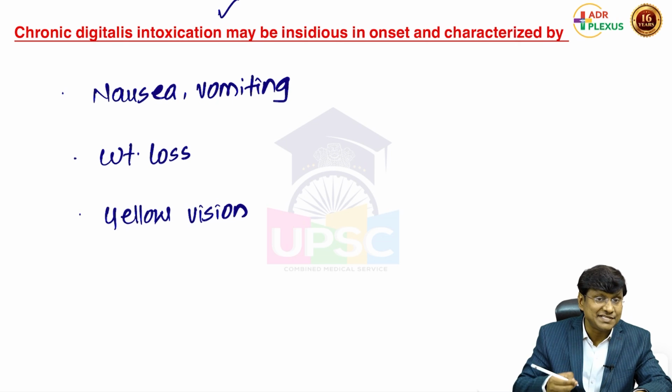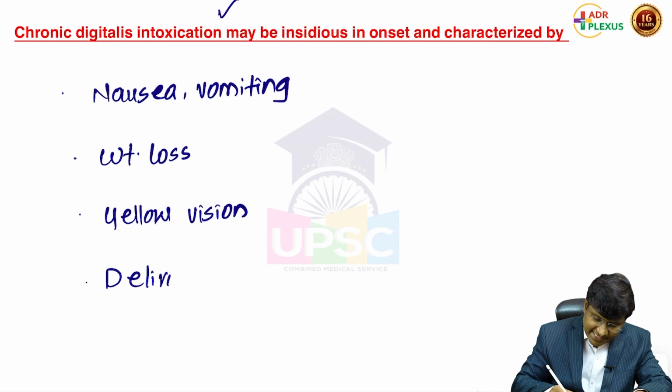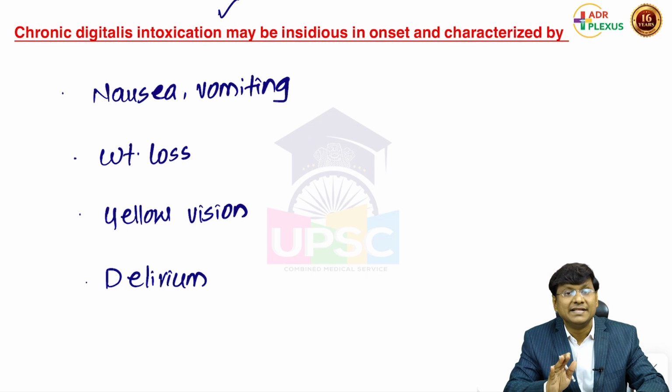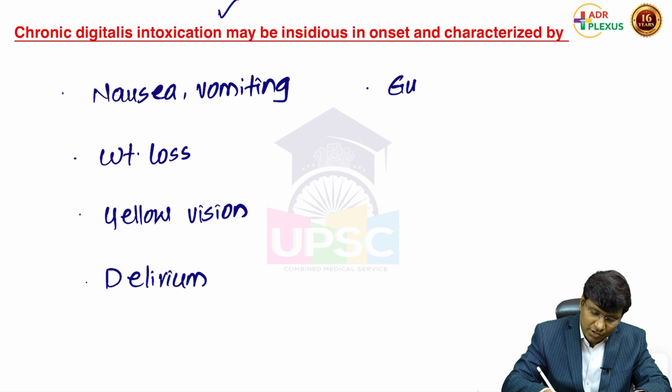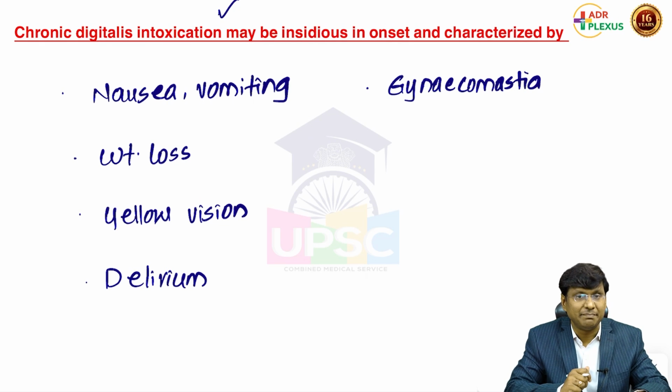Next important, chronic digitalis intoxication is associated with the development of delirium. And these patients will also have gynecomastia. There are multiple other drugs which are associated with the development of gynecomastia.